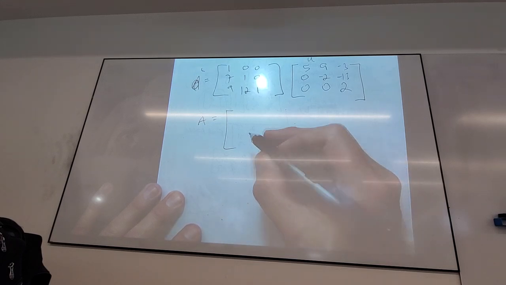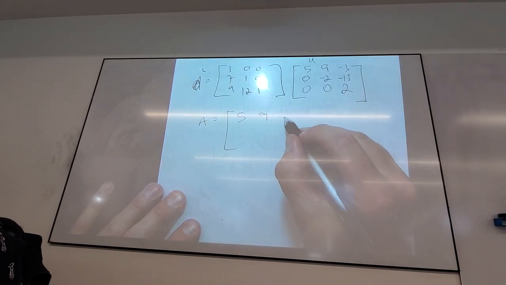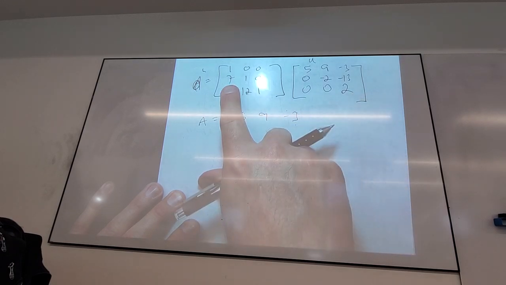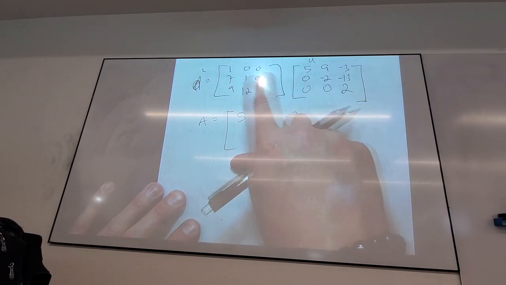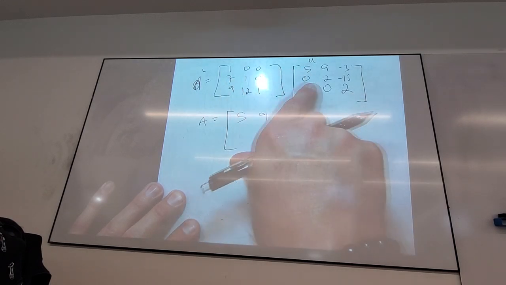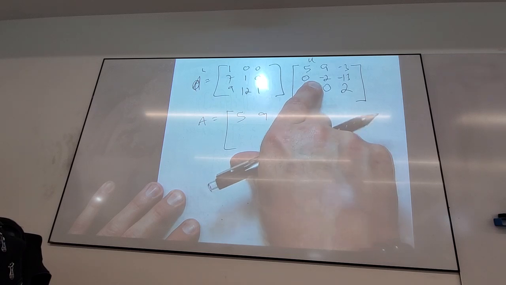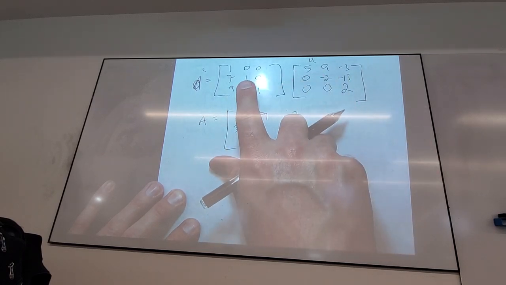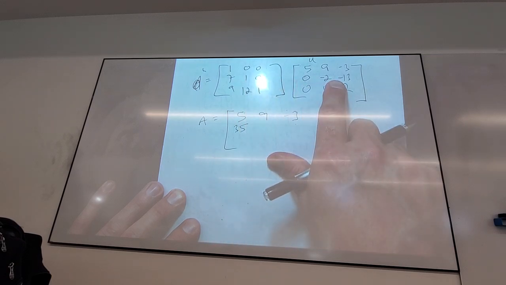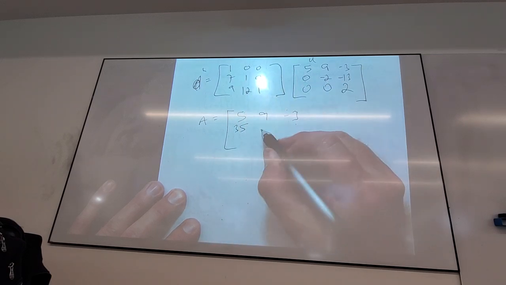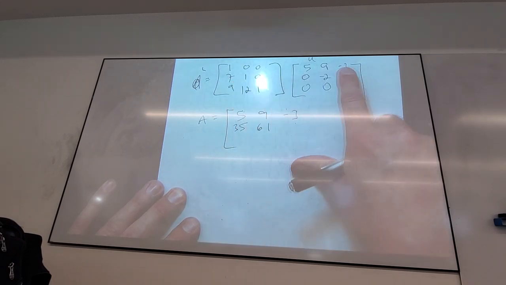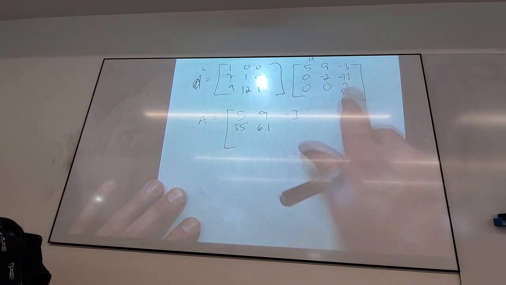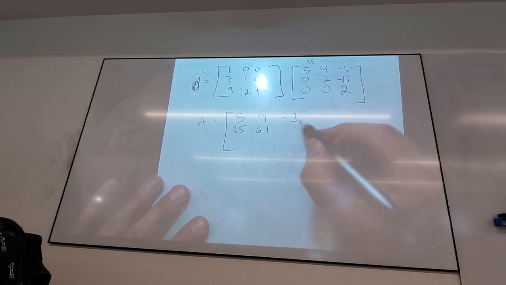Which kind of goes along with what we just did. And then this is going to make 35 plus 0, is that cool? 63 minus 2. And then negative 21 minus 13. Are you guys all with me?